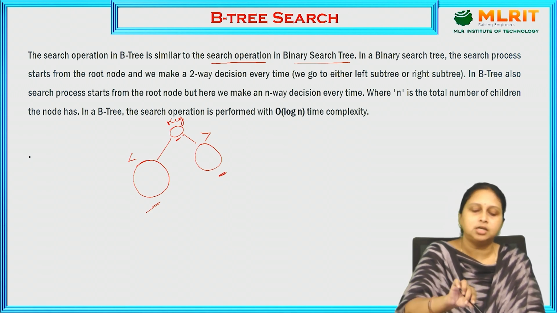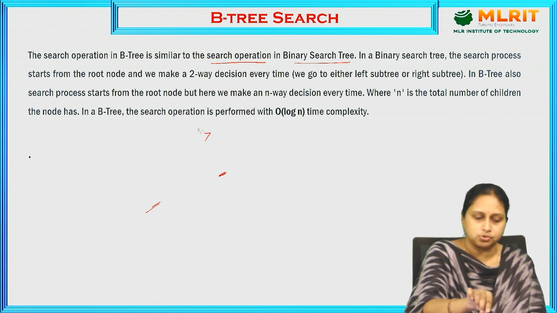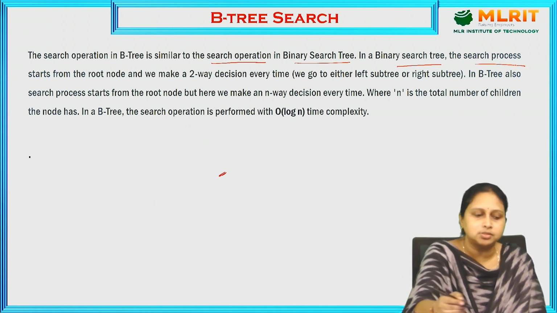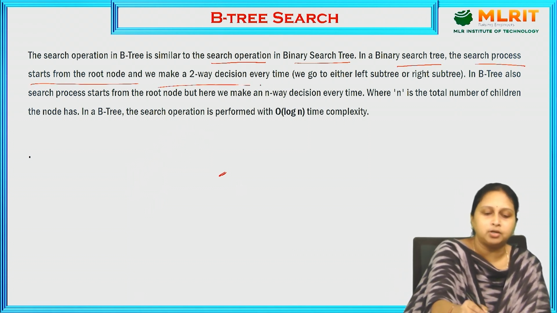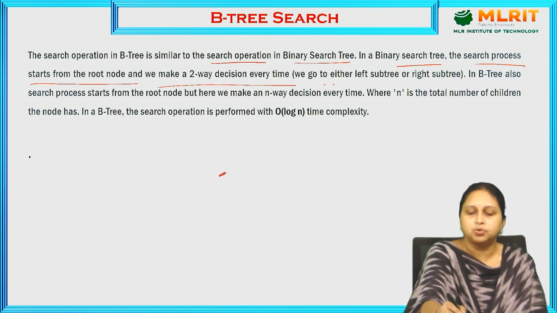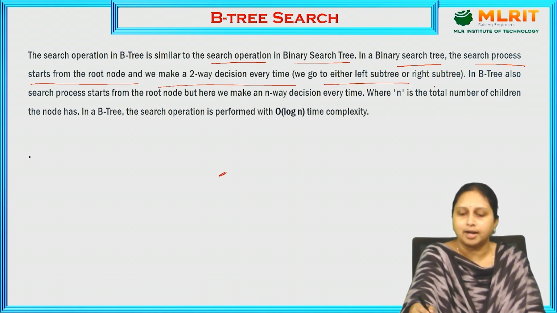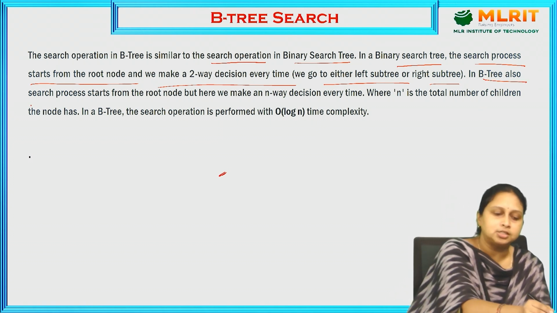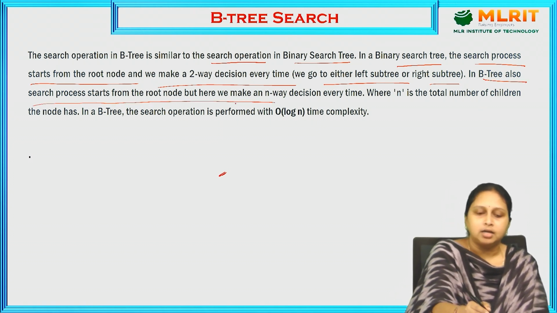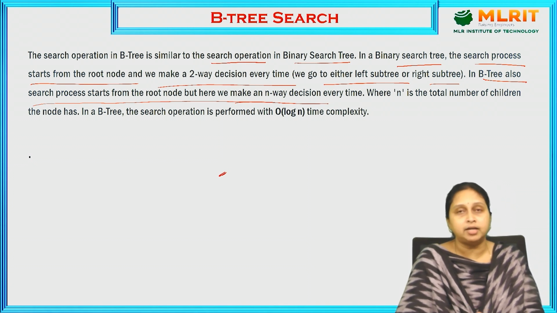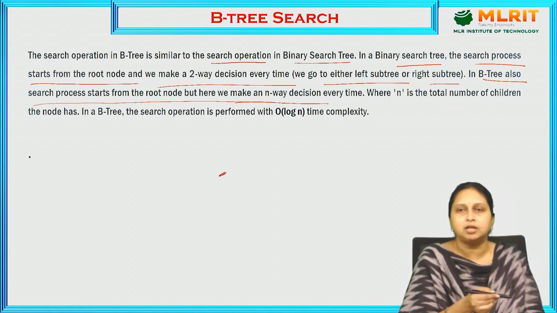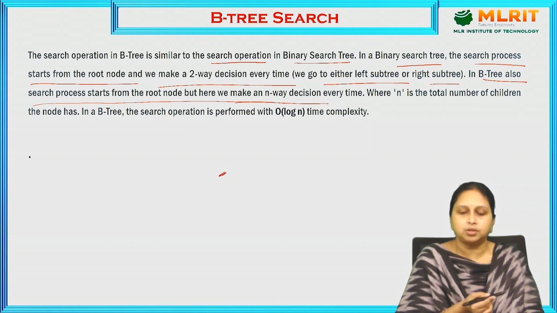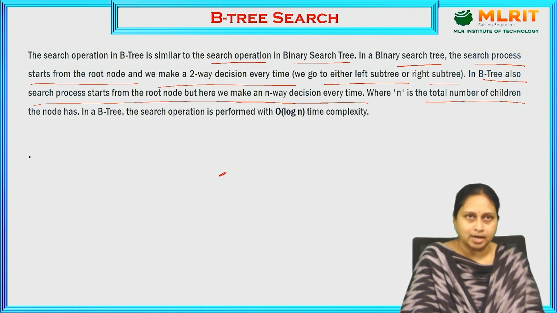The same process we apply in B-Tree also. In a binary search tree, the search process starts from the root node, and we make a two-way decision every time, as we go either to the left subtree or the right subtree. In B-Tree also, the search process starts from the root node, but here we make an n-way decision every time, where n is the total number of children that the node has.